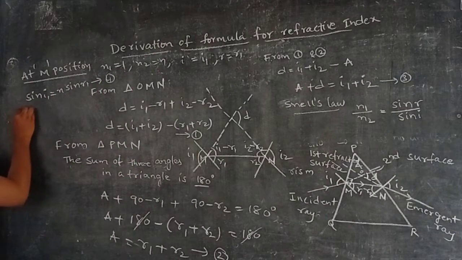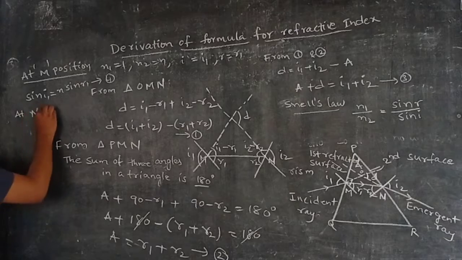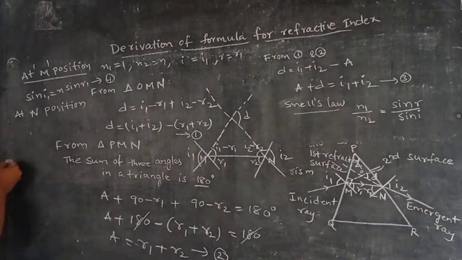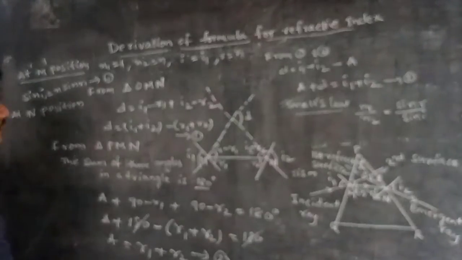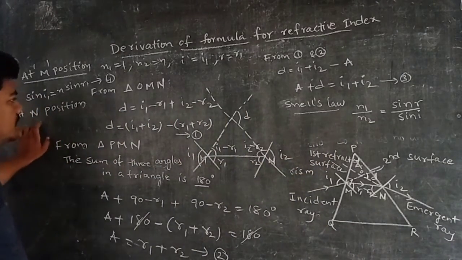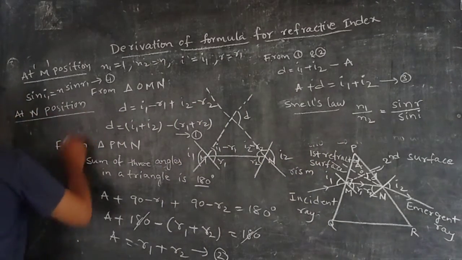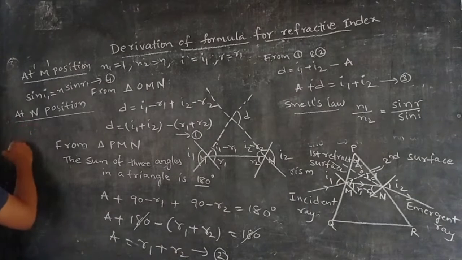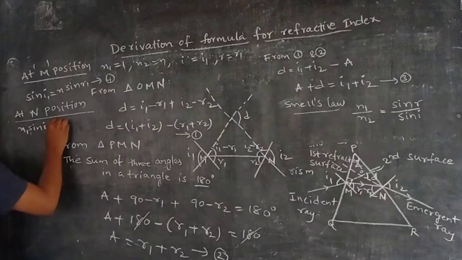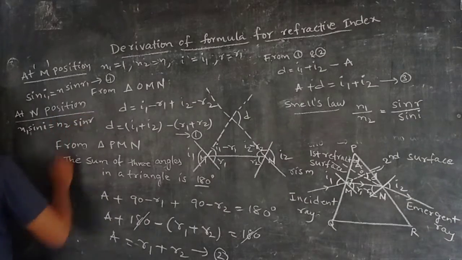At point N, here we have to take n1 sin I is equal to n2 sin R.